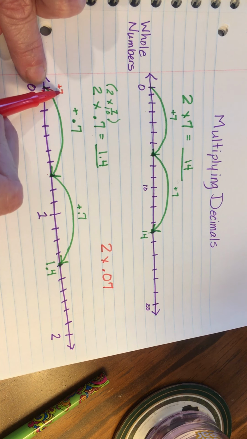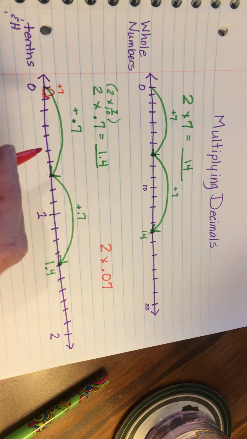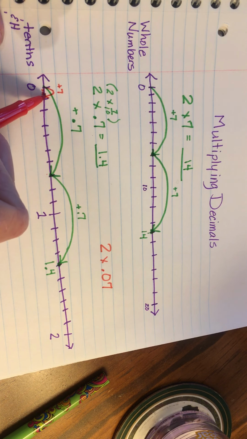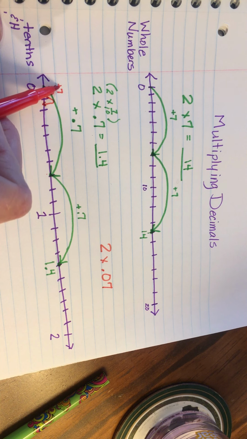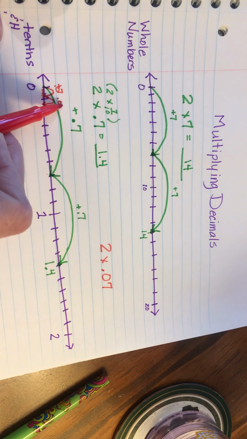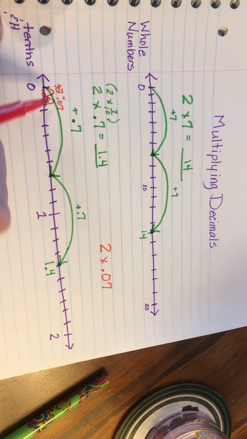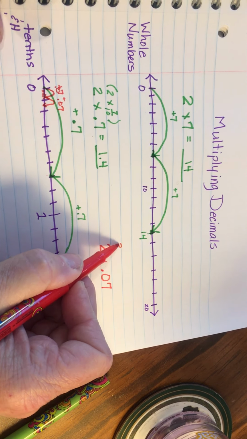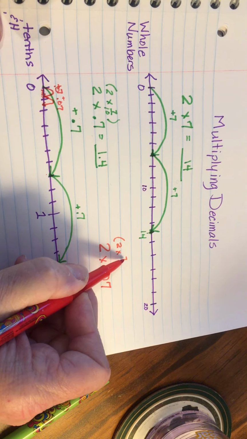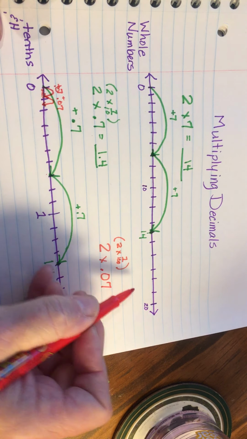That is plus 7/100. And if I add a second jump of 7/100, it's going to put it right here.